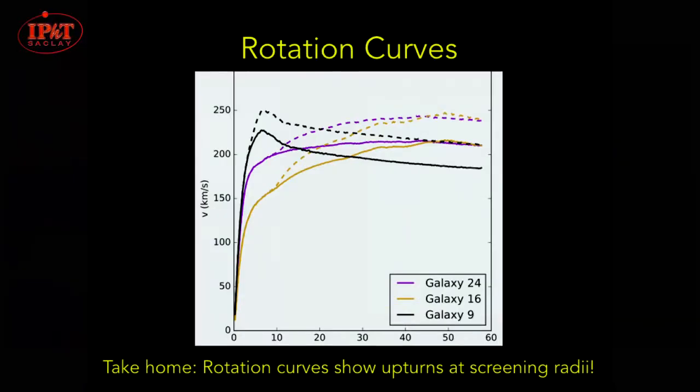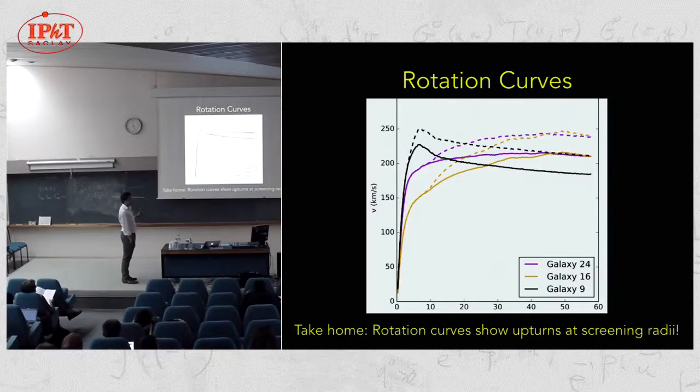So let's look at some rotation curves. This is for the background value of 10 to the minus 6. The 3 colors correspond to the 3 galaxies. The solid lines exclude the 5th force, whereas the dashed lines include the 5th force contribution.